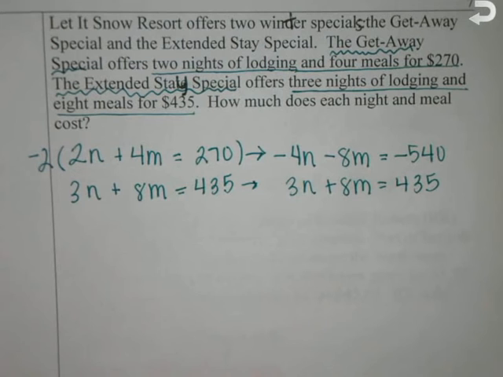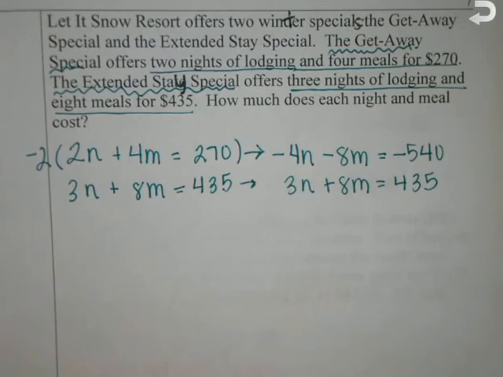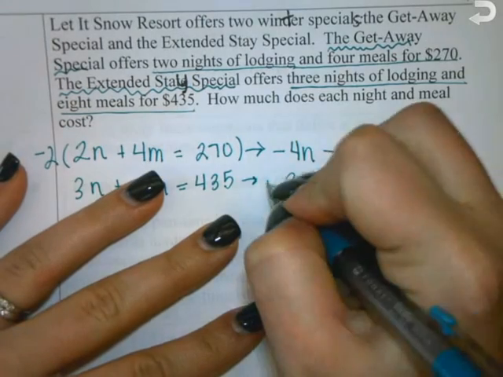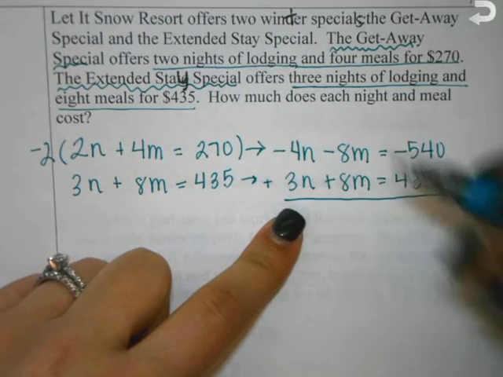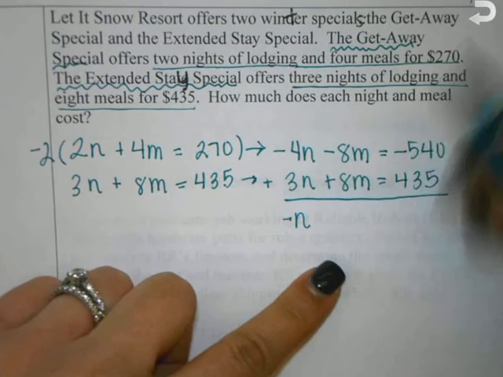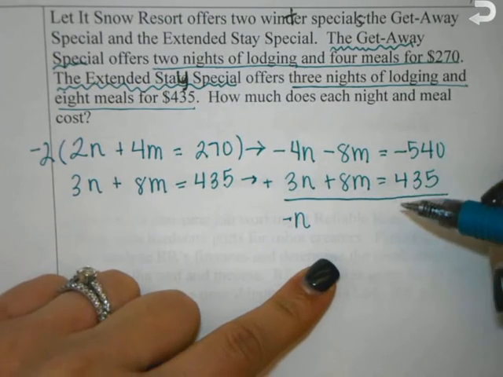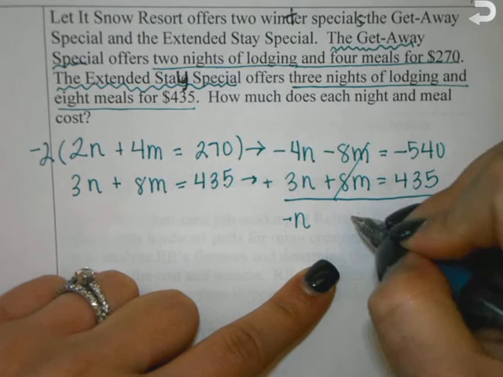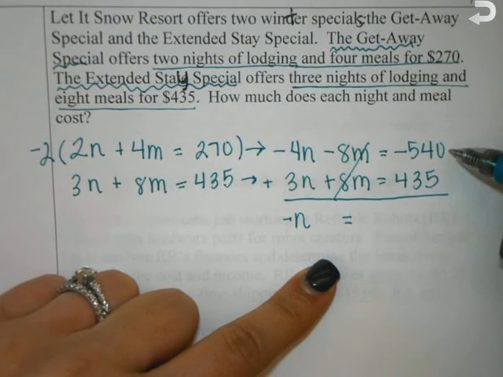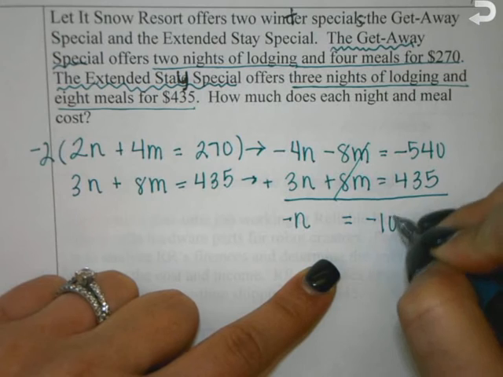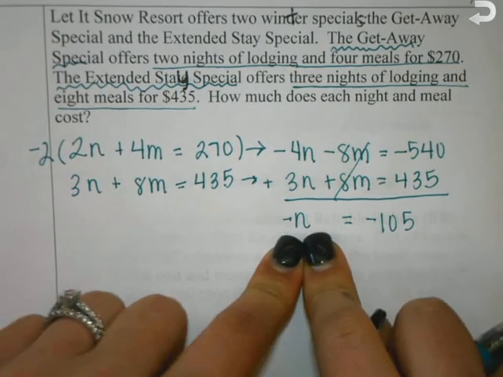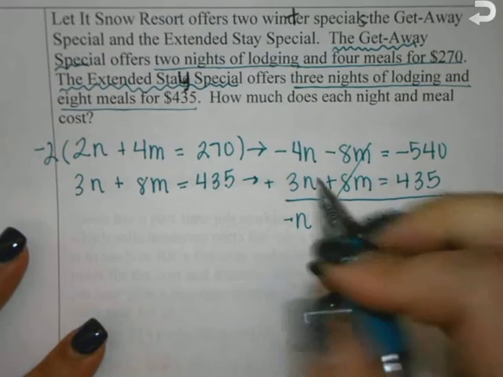I'm going to have you guys finish it. So with your groups, finish the problem. Okay, so when I add straight down, -4n plus 3n, that gives me what? -1n. -8m plus 8m eliminates. And what do you get for -540 plus 435? 105. So if I have -n equals -105, positive n would equal what?